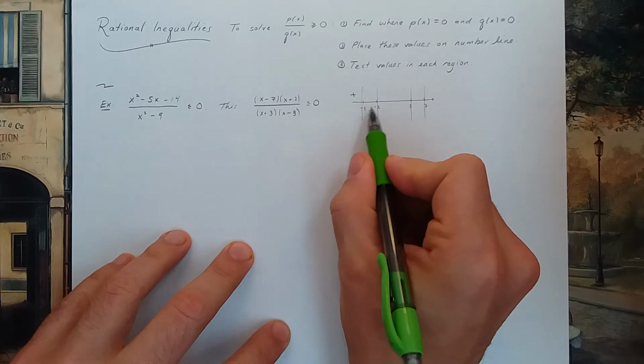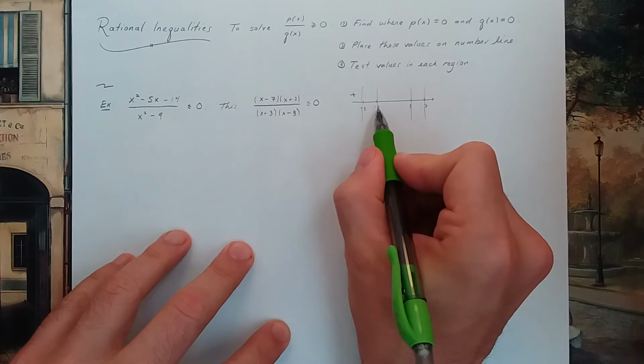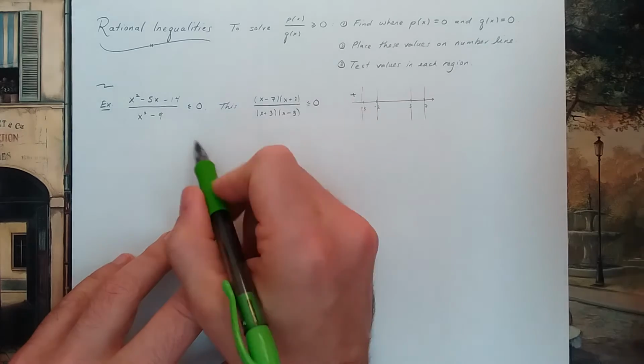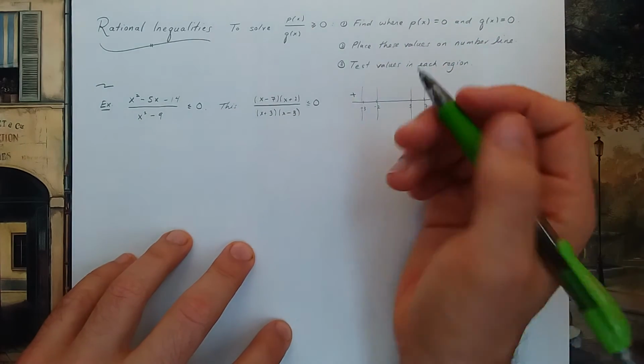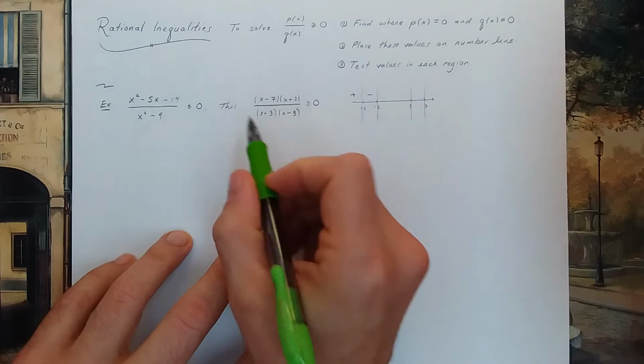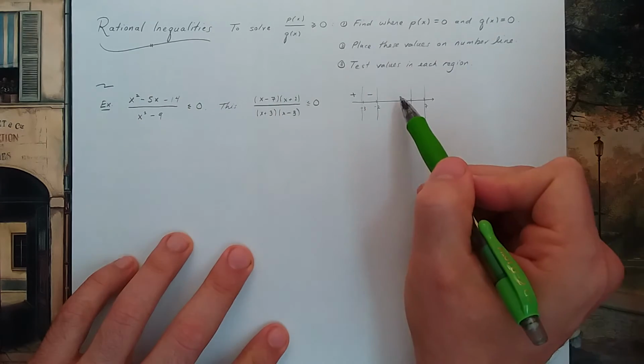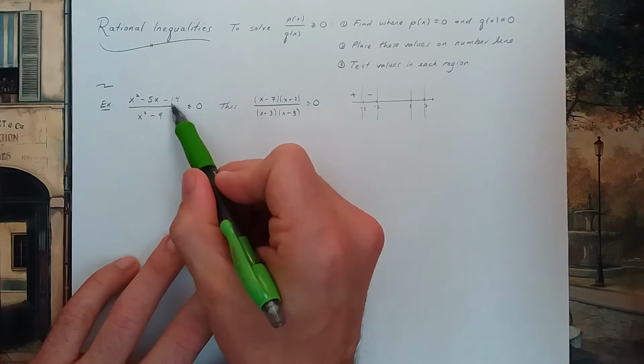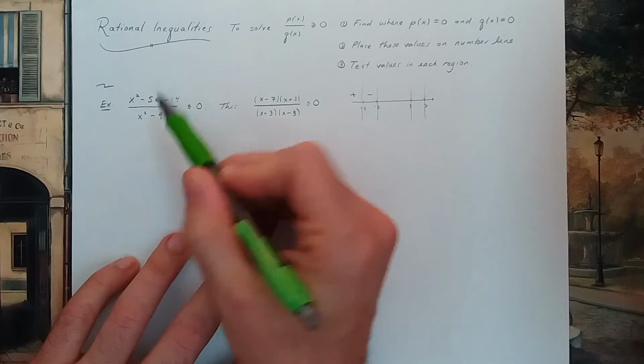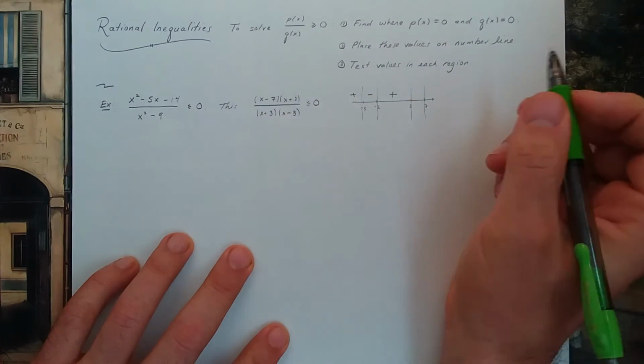If you plug in a number into this function between negative 2 and negative 3, like negative 2.5, you'll get a negative. Plugging in 0 is pretty easy to check in this region. So if I plug in 0, I get negative 14 divided by negative 9, which is positive.